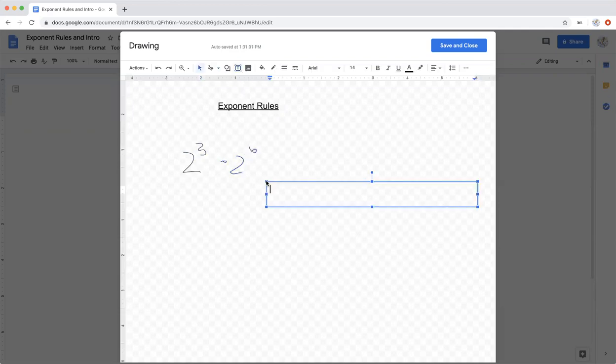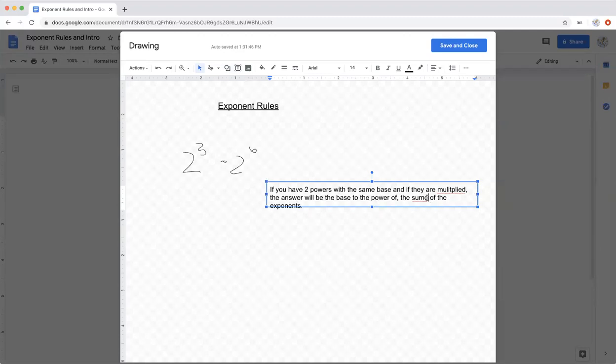The rule states that if you have two powers with the same base, and as we remember, the base is the bottom number, and if they are multiplied, remember they must be multiplied, the answer will be the base to the power of the sum of the exponents. So this is a very simple rule. It's not one of the harder rules.